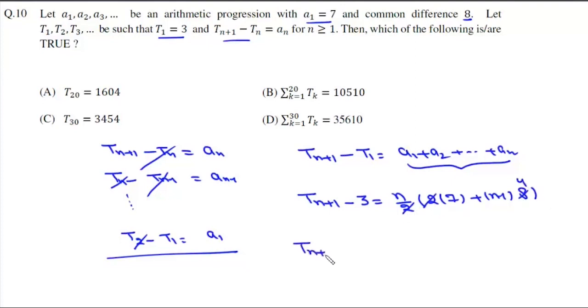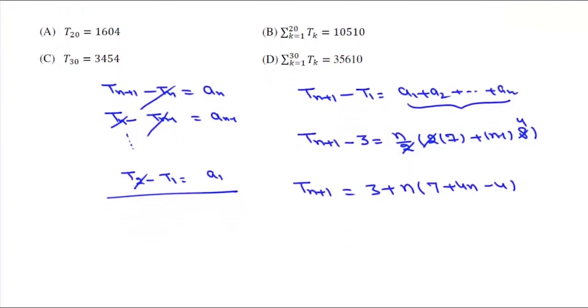So this Tn plus 1 will be 3 plus n into 7 plus 4n minus 4. So basically this Tn plus 1 will be 4n square plus 3n plus 3.